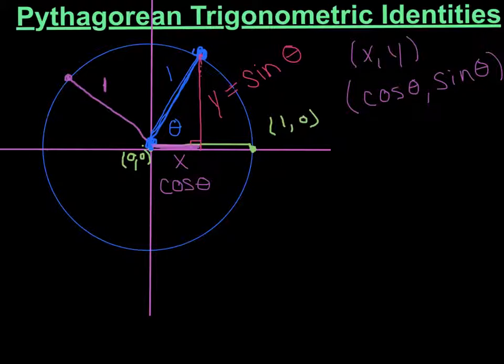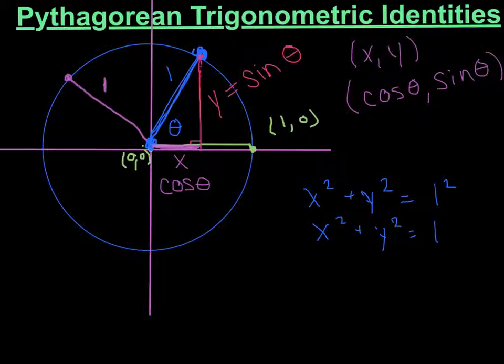So if I wanted to figure out my first Pythagorean triple, or not triple, sorry, identity, using the Pythagorean theorem, I would have x squared plus y squared equals, my radius is 1, so 1 squared. So really I have x squared plus y squared equals 1.